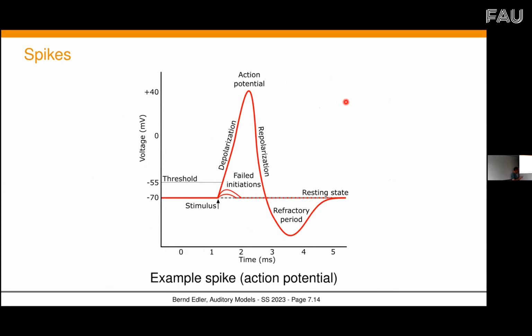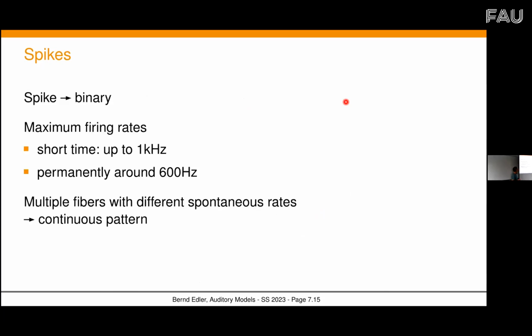And here I want to repeat again. This is binary. I think I have it on a slide as well. This spike shape and amplitude is not depending on the input level of the sound. So the spike is more or less a binary thing. Either there's a spike or not. And the maximum firing rates can for a short time go up to 1 kilohertz.